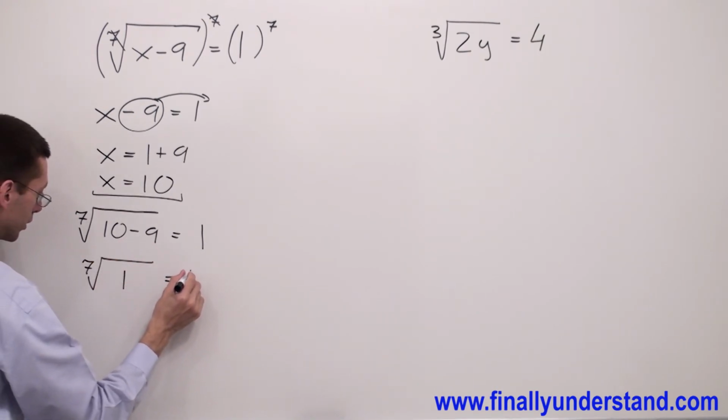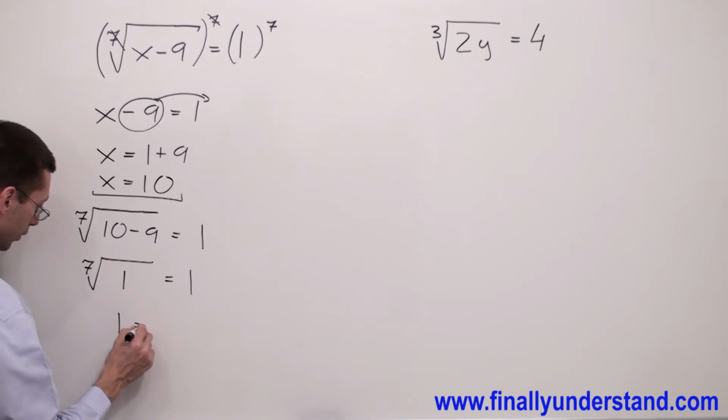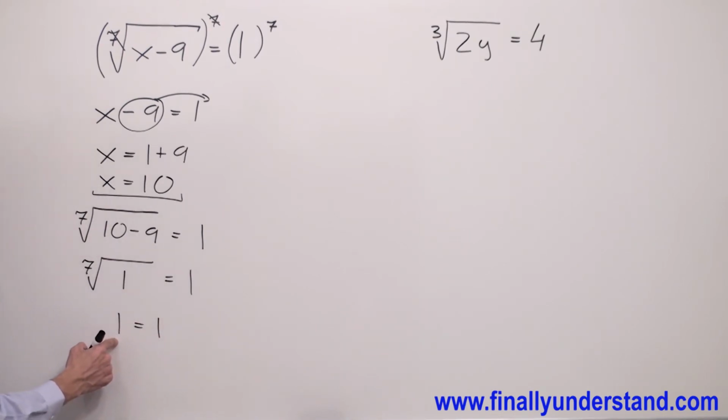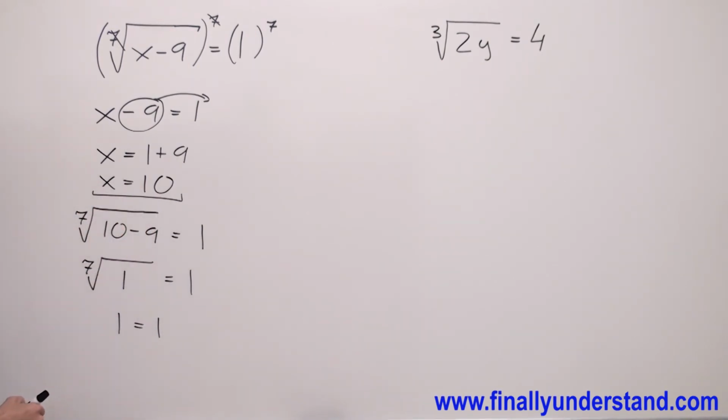This is equal to 1. Any root of 1 is always equal to 1. That's why I have 1 equals 1. As you can see, the left side is equal to the right side. That's why the answer for this problem is x equals 10.